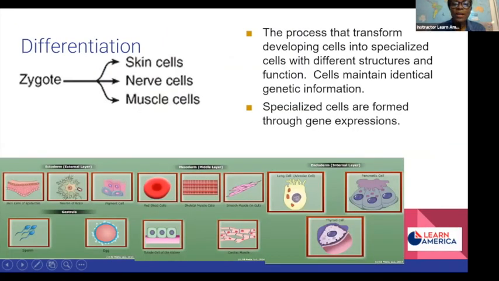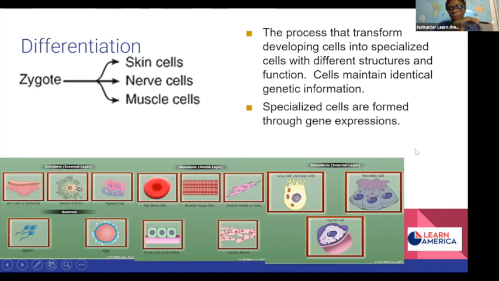All right, so that process is referred to as differentiation, where you went from having that one ball, the zygote, and it divides into different sections, where some sections make your skin, some will make your nerves, some will make your muscle cells. That's called differentiation.